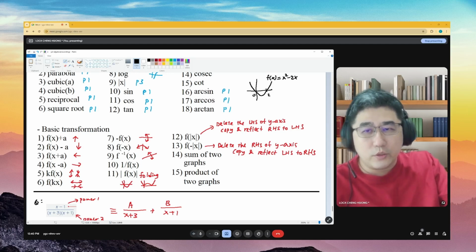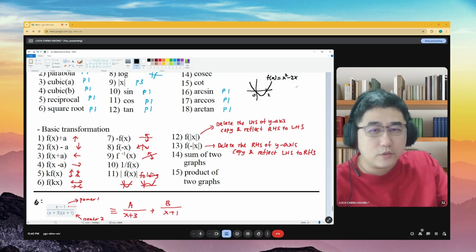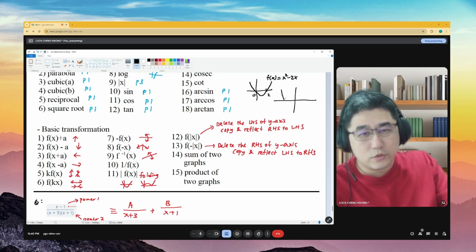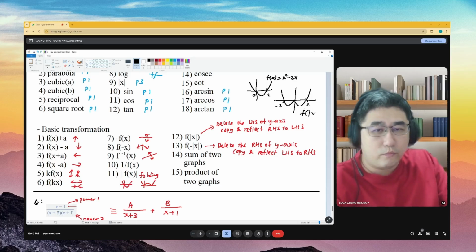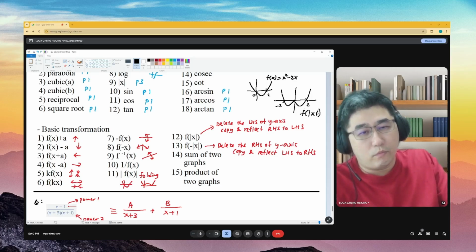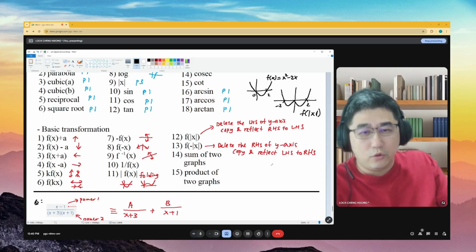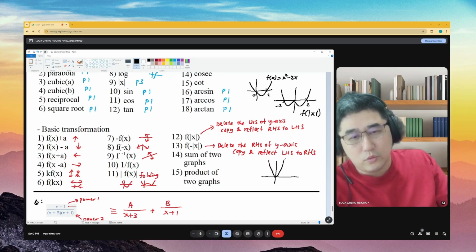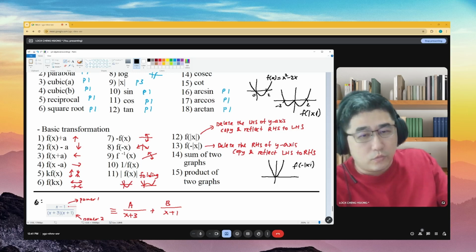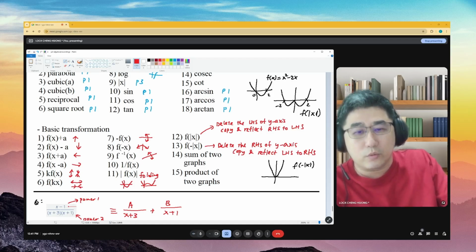Then for your information, your f of modulus x graph will look like this, with -2 and 2. And your f of negative modulus x graph will look like this. So this one will look sharp.